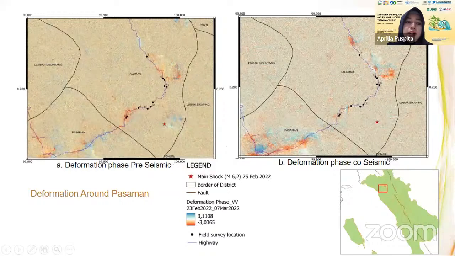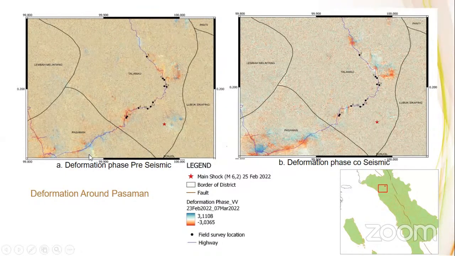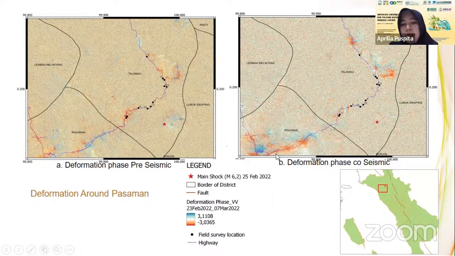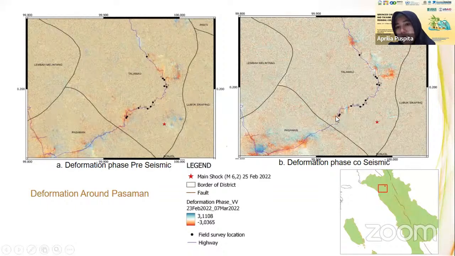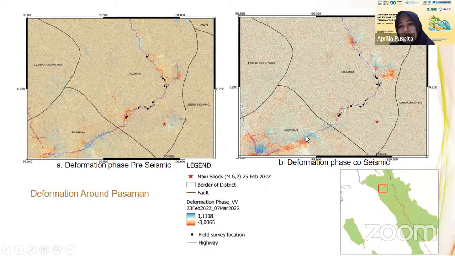Okay, this is the deformation around Pasaman. Pasaman is the area that suffered a lot of damage caused by the earthquake here. We can see the deformation pattern here, the pre-seismic and the post-seismic. This is very, very clear, and the deformation is along the highway here. This is the location of the felt survey, the black circle points, where there was so much destruction here.